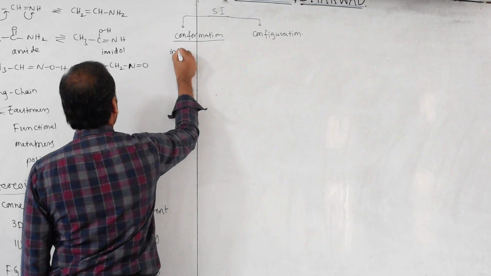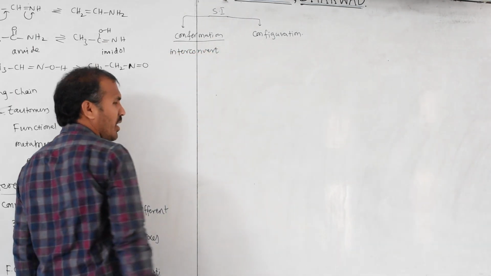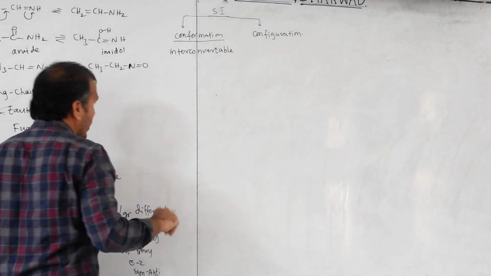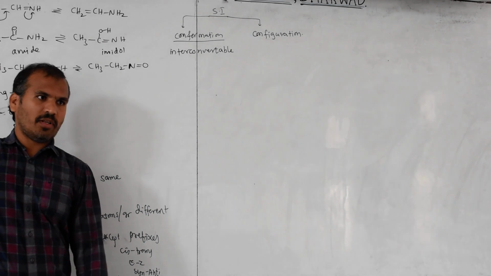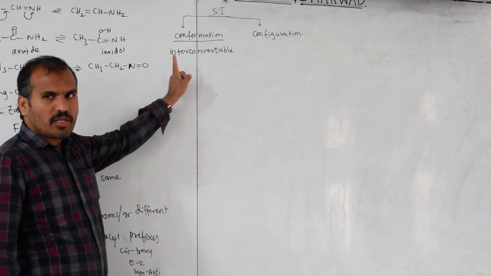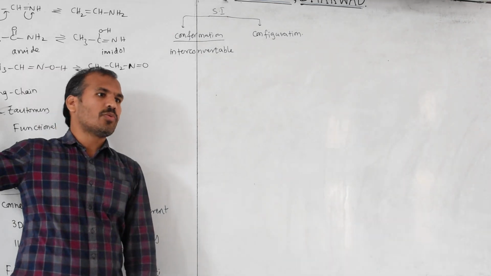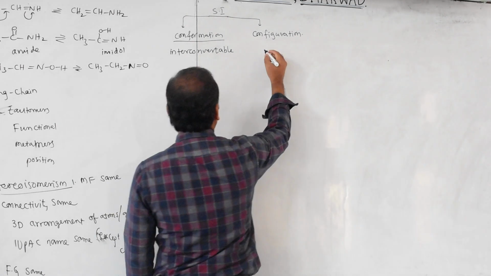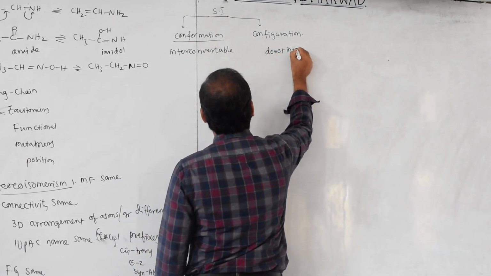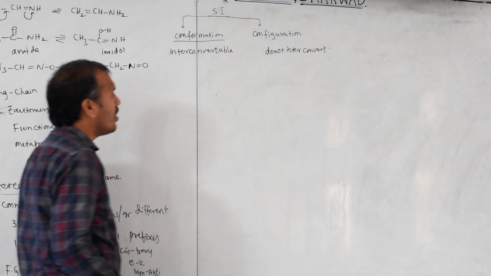These are interconvertible. Tautomers are also interconvertible, but they can be separated. These cannot be separated. When these cannot be separated, these are not true isomers. Tautomers are true isomers. Configurational isomers do not interconvert.